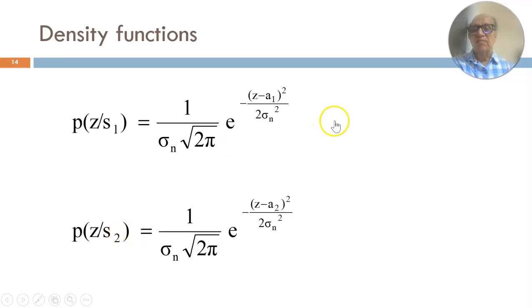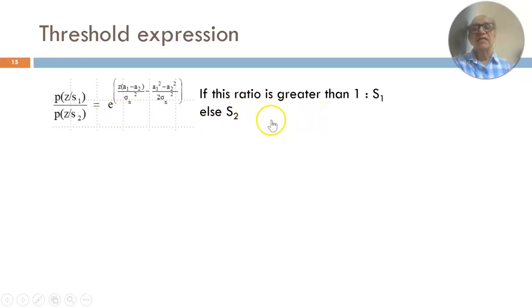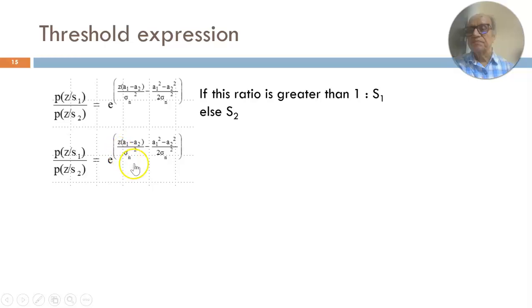Now we apply the MAP rule in order to get the threshold. So P(Z|S1) upon P(Z|S2), if you substitute in those equations, you will get this. If this ratio is greater than 1, then S1 was transmitted, else S2. MAP rule.